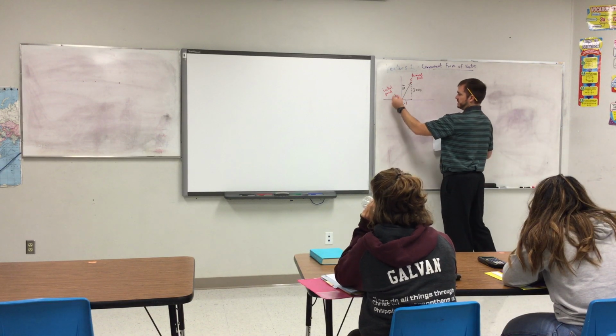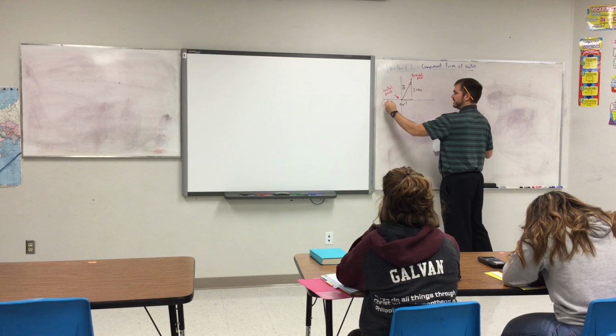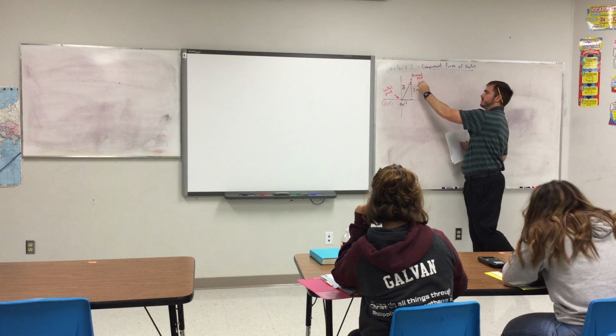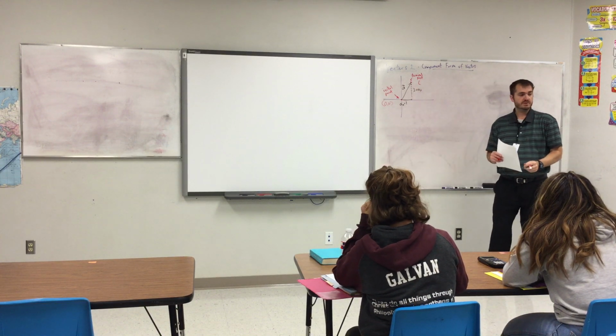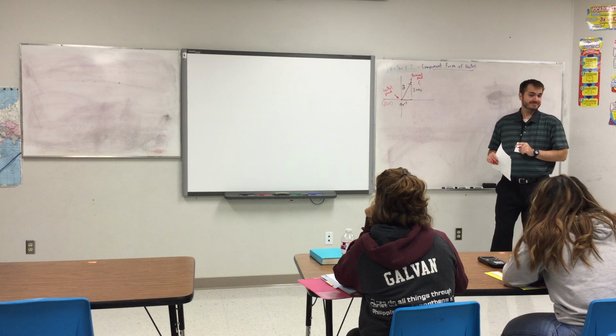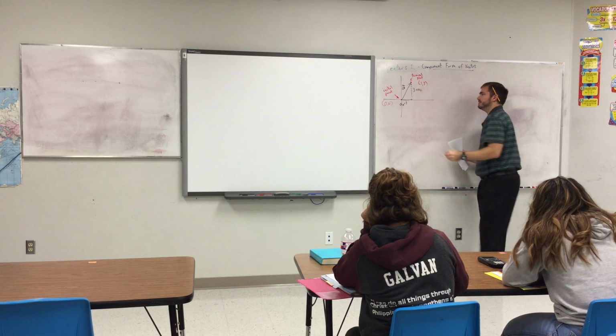Our initial point, when my vector is located here, has the coordinate 0, 0. Does anybody want to make a guess what the terminal point coordinates are? 1, 3. Yep.